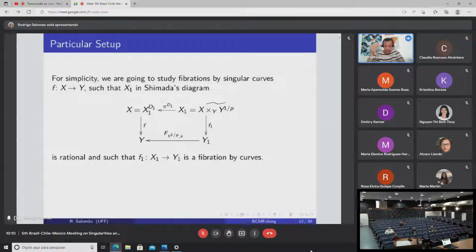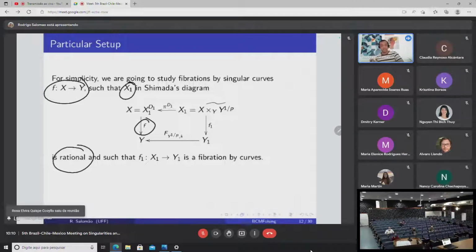We are going to consider fibration by singular curves f, such that x1 in Shimada's diagram is a rational surface, and such that we can reach the smoothing of the fibration f with just one step in Shimada's diagram, okay?